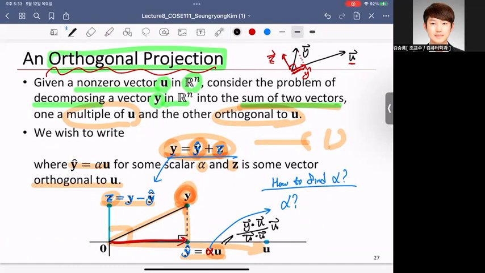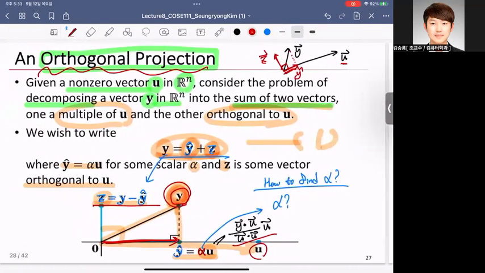This is the y hat. In other words, if you only know vector u and vector y, you can determine this y hat vector, because it is an expression in u and y. Then you can easily find z, because it is y minus y hat.